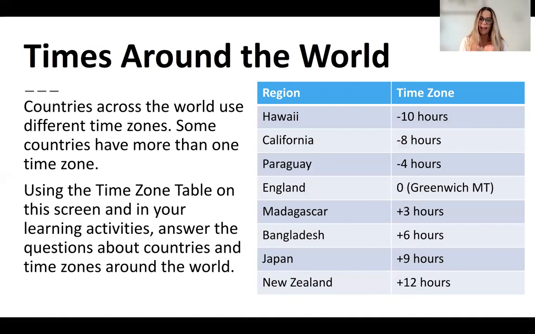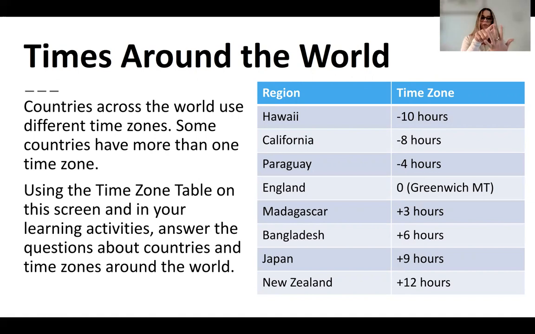That means that if it was 12 o'clock noon in England, in New Zealand at the same time, they're 12 hours ahead, what time would it be in New Zealand? Well, we've got to add on 12. Let's do that now. So it's noon.